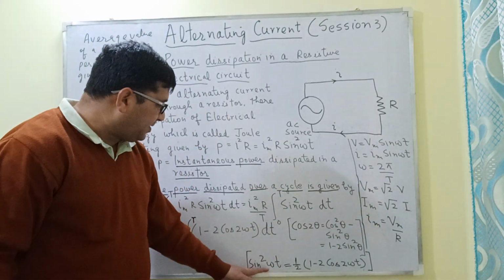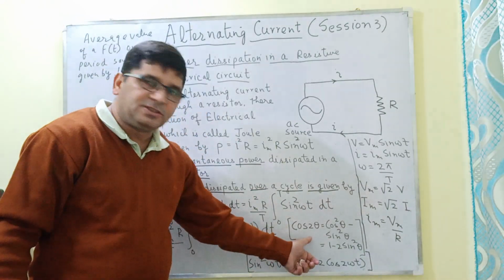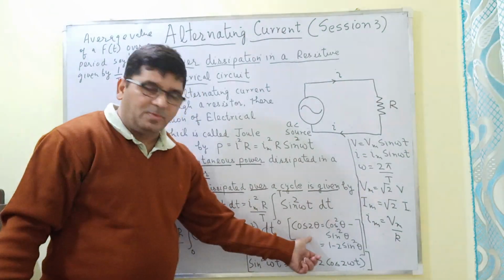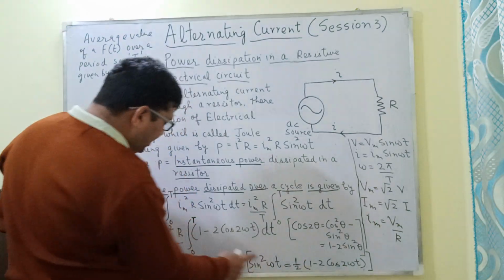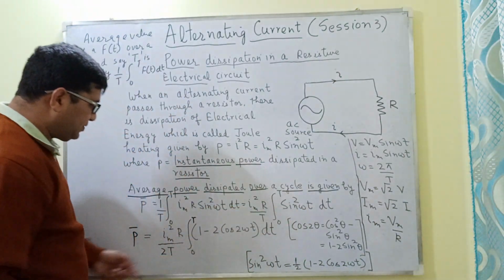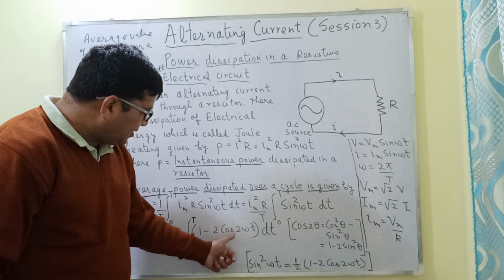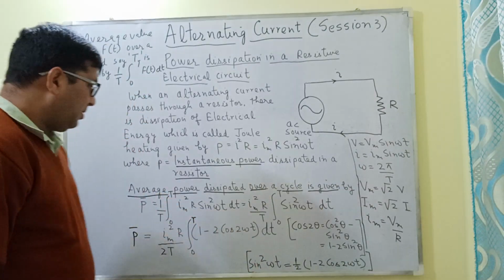This is the expression I have got using this mathematical formula. So I have substituted this value of sin square omega t in this equation, so this is equal to 1 minus cos 2 omega t dt.